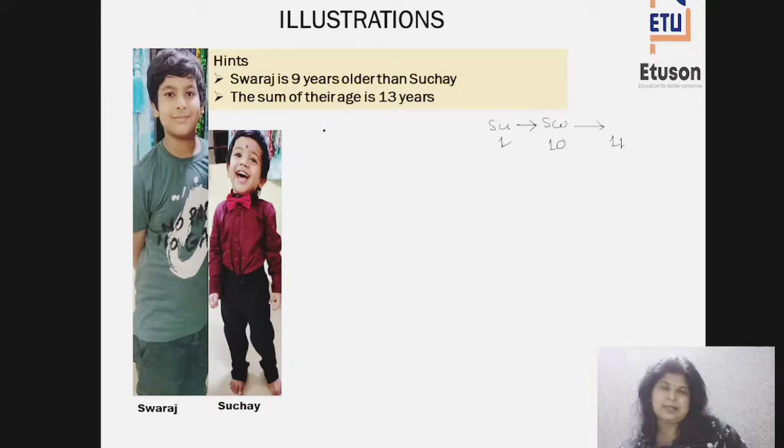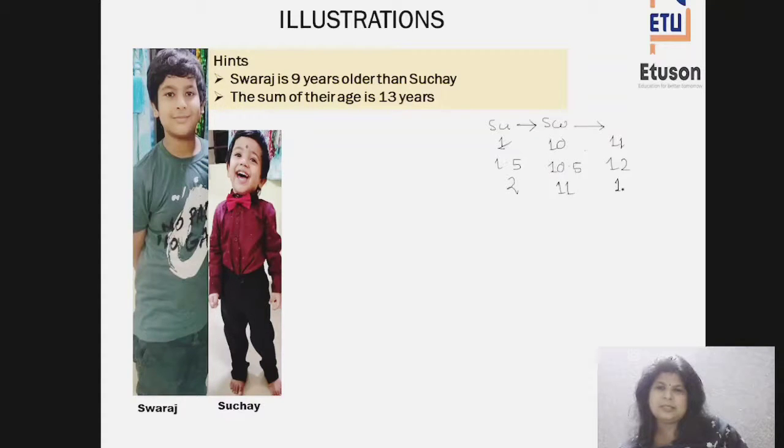The second condition is not satisfied, so this cannot be the age. Then you take 1.5, add 9 to it, and it becomes 10.5, and the sum is 12. The second condition is again not satisfied. Then you go to 2, and the age of Swaraj will be 9 plus 2, that is 11.